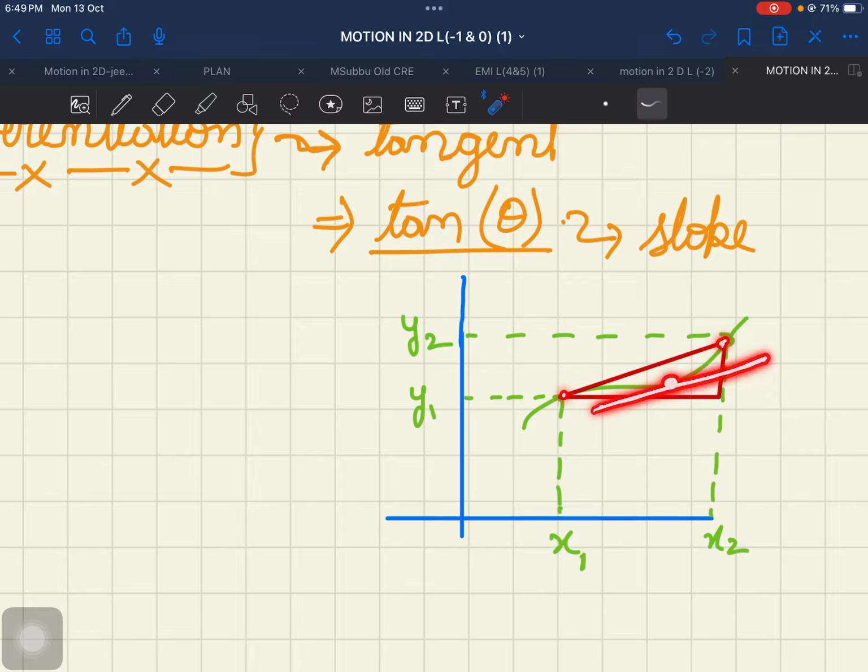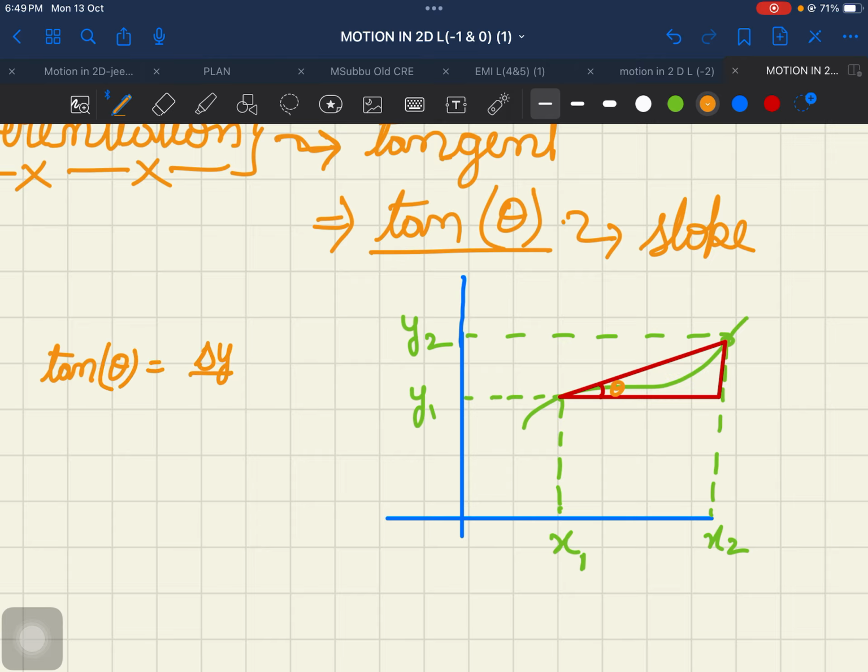And what will this delta y by delta x tell you here? If this angle is theta, I am writing it with a permanent marker. Clear? If this angle is theta, then your tan theta is nothing but delta y by delta x.